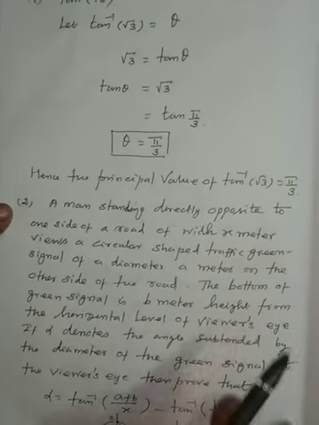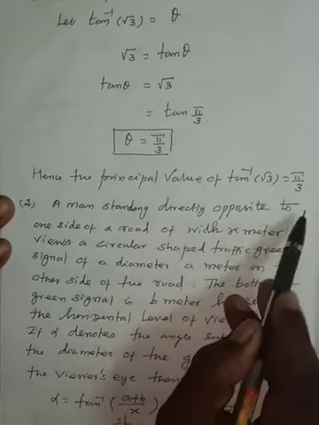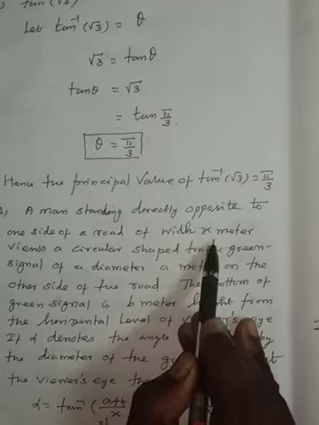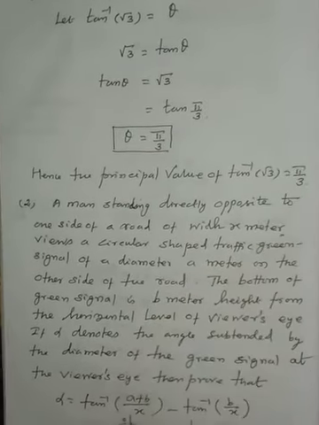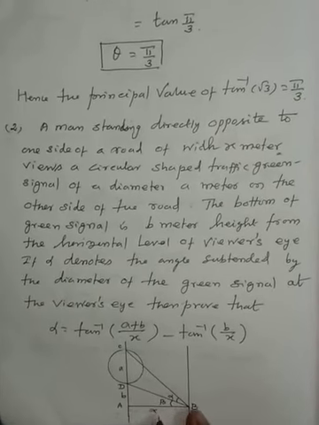Question number 2. A man is standing directly opposite to one side of the road, and AB is x meter.